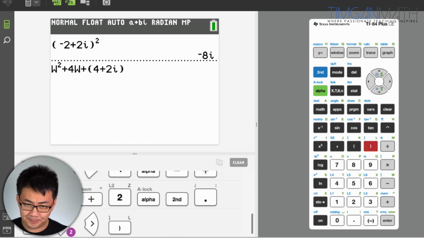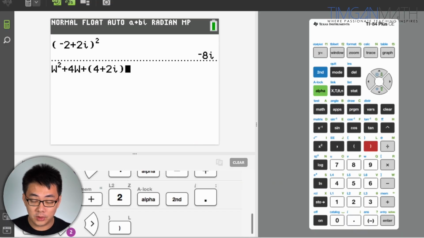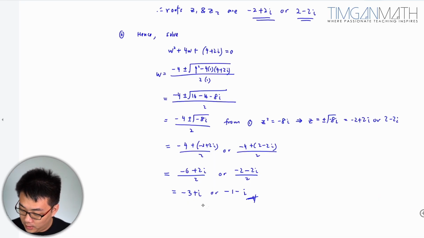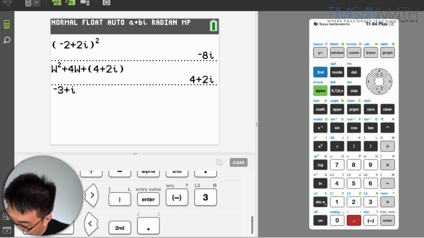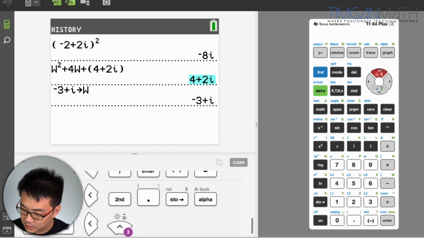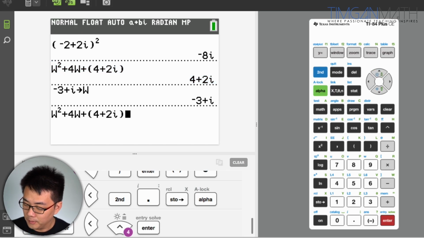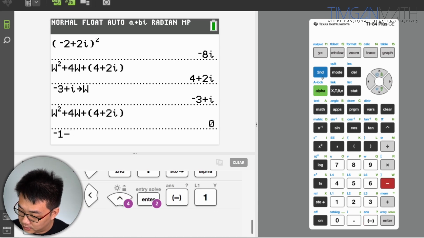Then I replace the value in with negative 3 plus i and store it to W. I'm going to check if my answer is correct, and I hope this gives me 0. And it gives me 0. So that's the answer. Please make sure you know how to check your answer during the examination using your calculator, of course, very quickly.